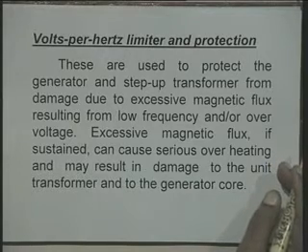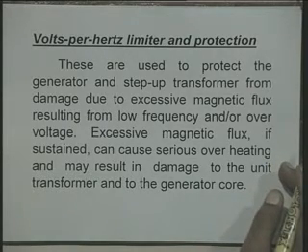One simple example is when the generator is disconnected from the load, or the load is thrown off. At that time there is a tendency for the machine to speed up, and the frequency rises, and voltage also rises. In case the V by F ratio is beyond a certain permissible value, then this limiter will come into action and take necessary action.